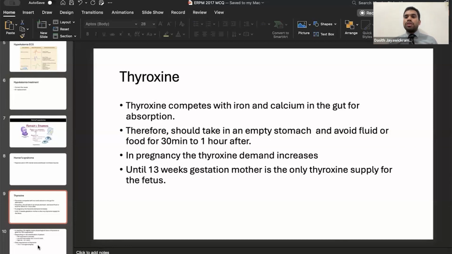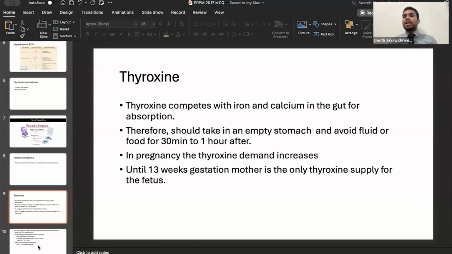Other elements would also compete with thyroxine for absorption, so not all of the thyroxine will be absorbed. We would get only a sub-physiological amount into our body, and some would be lost with our feces. That is why we ask them to take thyroxine on an empty stomach.